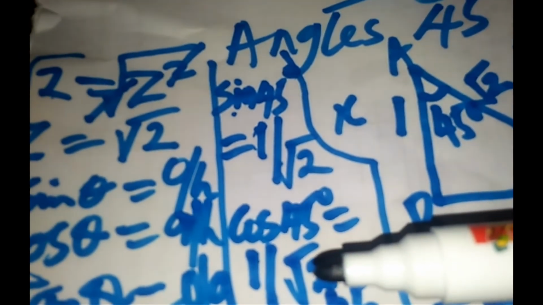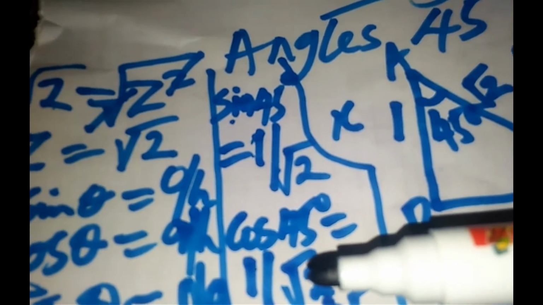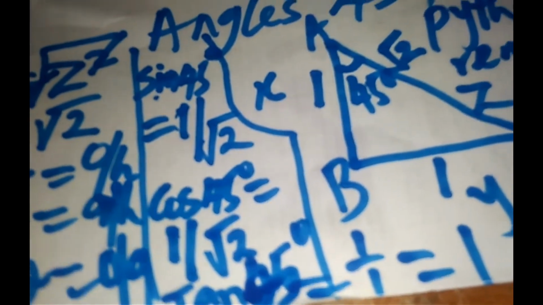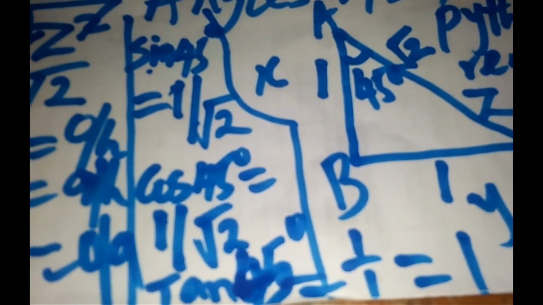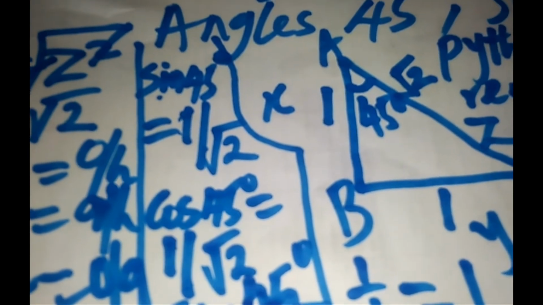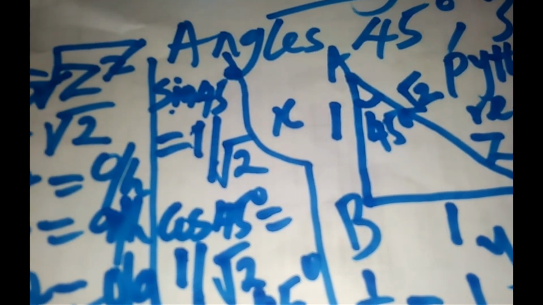And cos 45 degrees will be 1 over square root of 2 also. So sine 45 degrees and cos 45 degrees would be the same result. Then tan 45 will be 1, and if you check that on your tables, you should get the same value. So that's for 45 degrees.